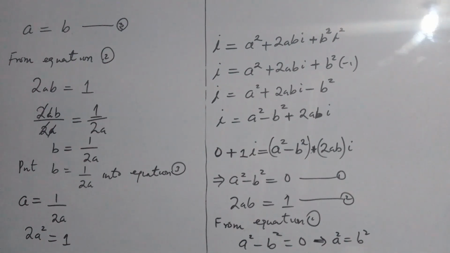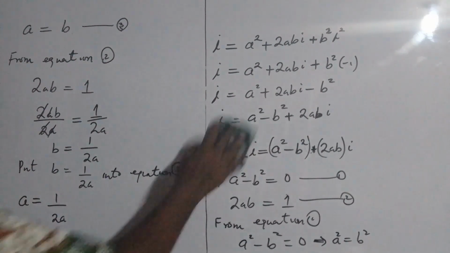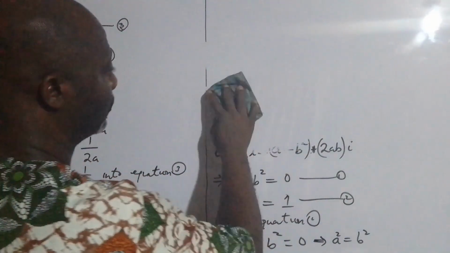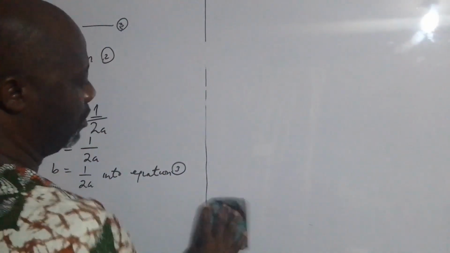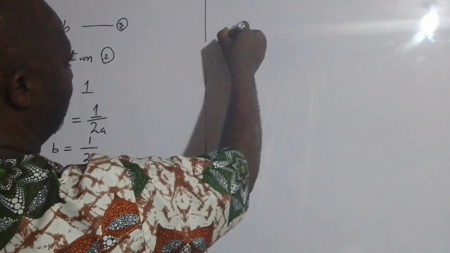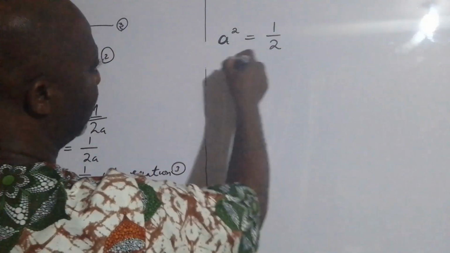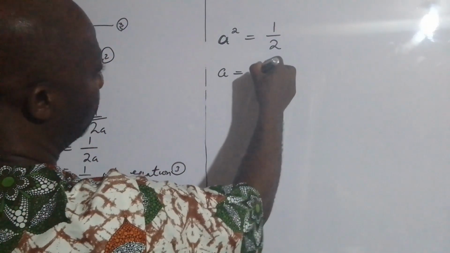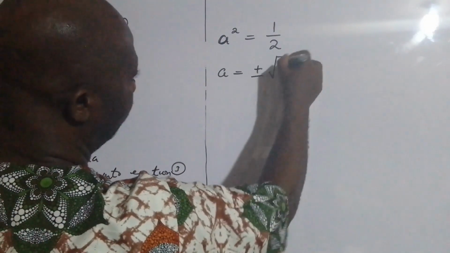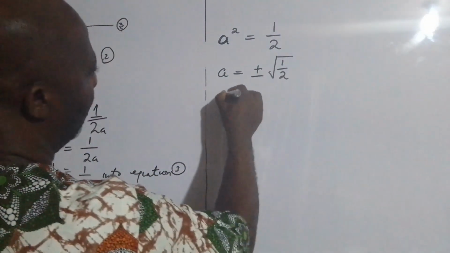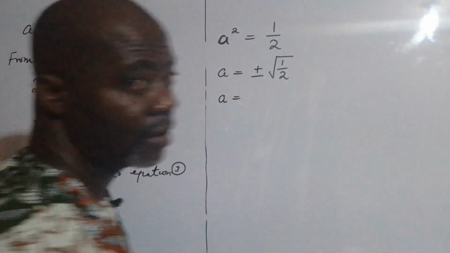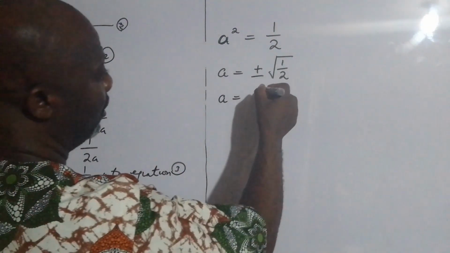So if 2a squared equal to 1, it then means that a squared will be equal to 1 over 2, meaning that a will be equal to plus or minus square root of 1 over 2.